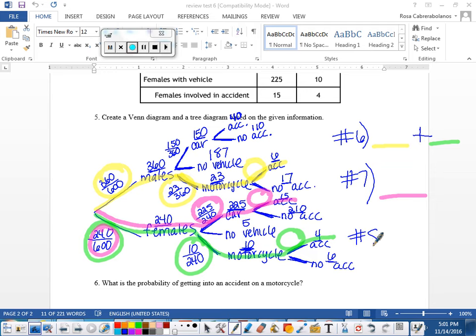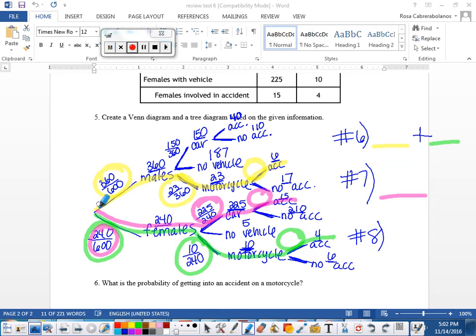Finally, number 8. What is the probability of a male on a motorcycle not being in an accident? Let me make this one blue, I haven't used that one.